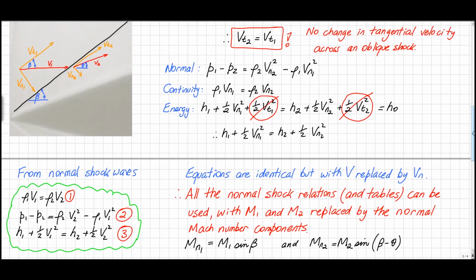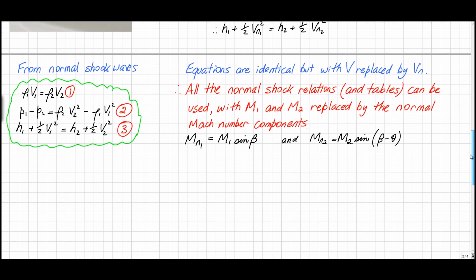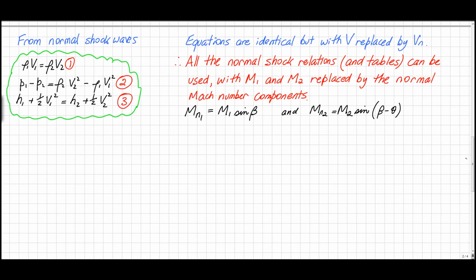So let me just slide the screen down again now, and I'll write down the important relationships. The first result we obtain is for the density ratio across the shock, the static density ratio, rho 2 over rho 1, coming out in terms of gamma and Mn1. And from our continuity equation, we can directly relate the density ratio to the velocity ratio, and again, components of velocity normal to the shock wave.